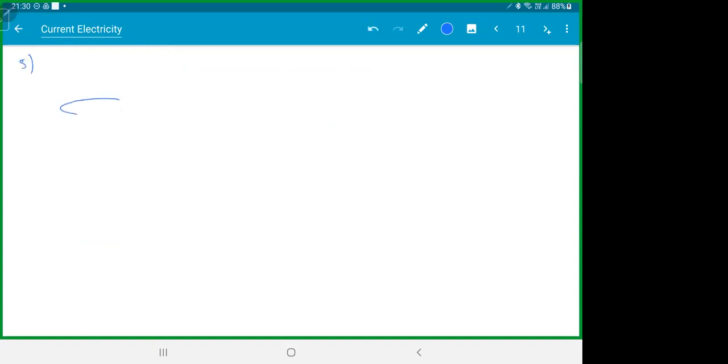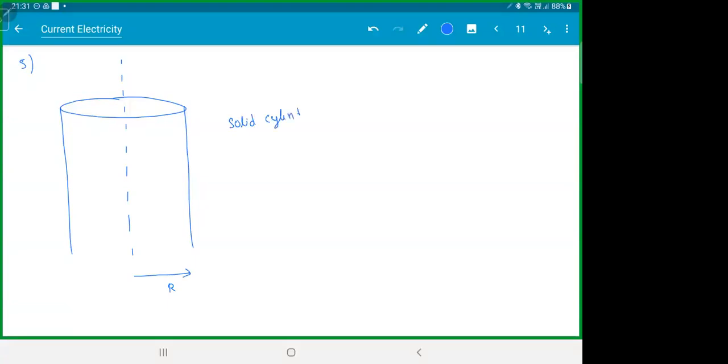Let's say we have a solid cylinder of radius R whose current density J bar is equal to J naught into small r.